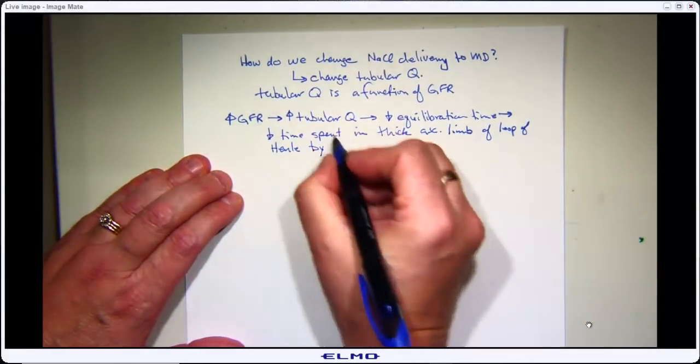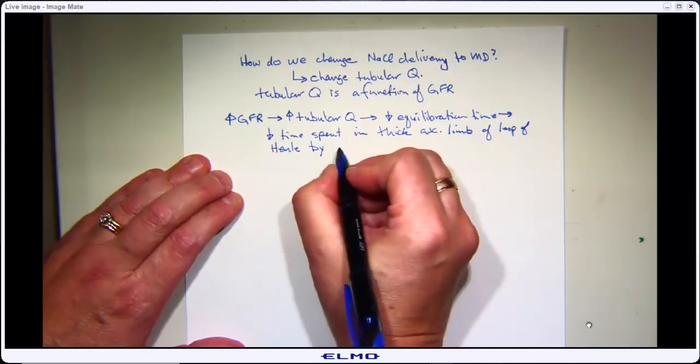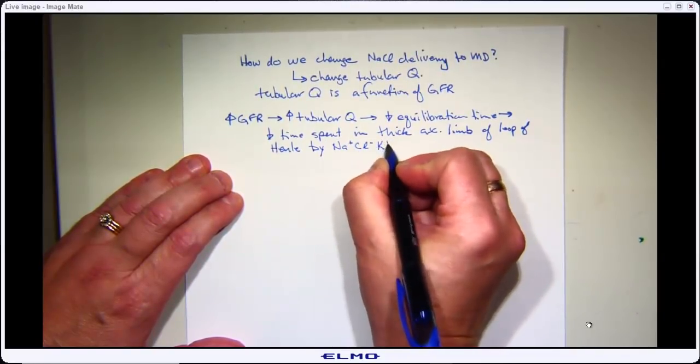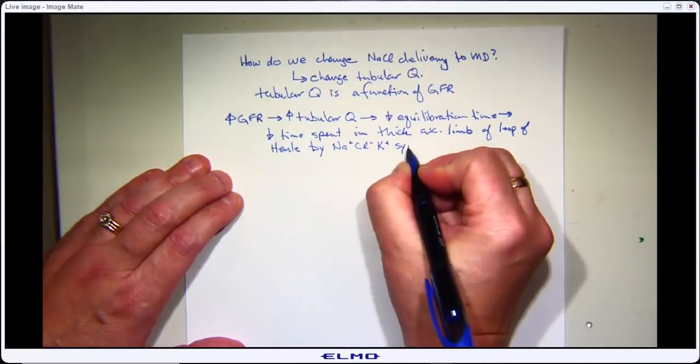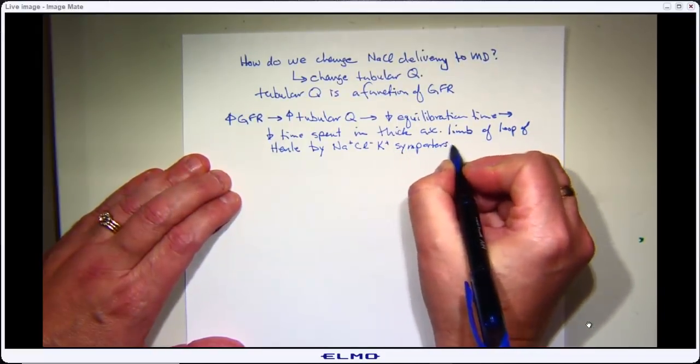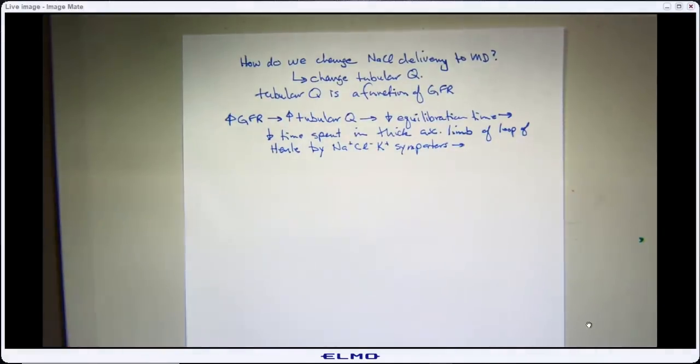Because that's time spent by our sodium chloride potassium symporters. So if I increase tubular flow and drop time spent there, I'm going to decrease the amount of sodium chloride reabsorbed.